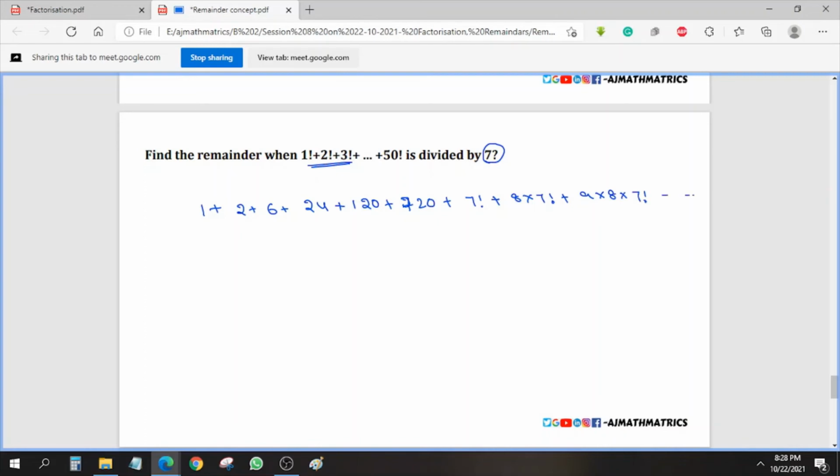So up to 50 into 49 and so on into 7 factorial, right? Because here it is asking about division by 7.